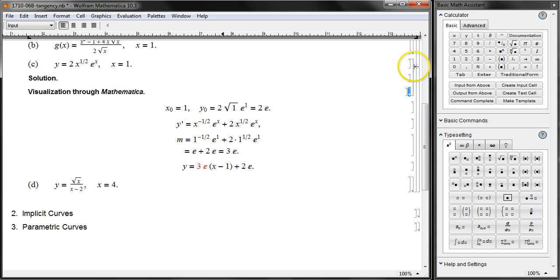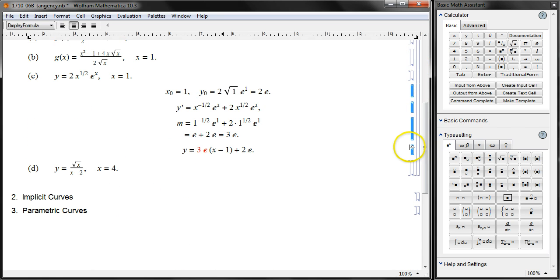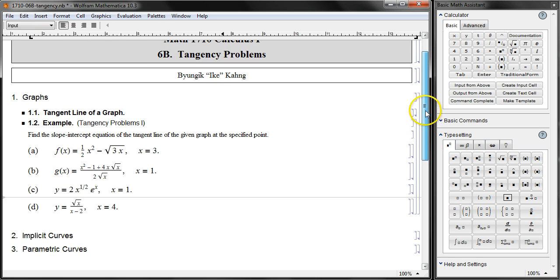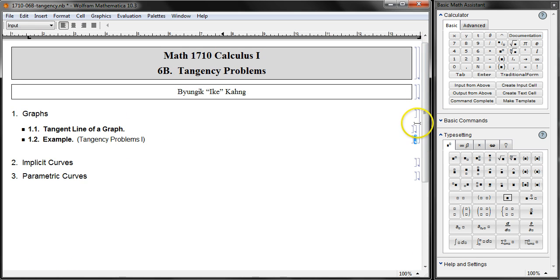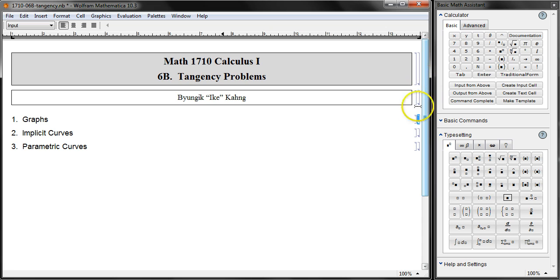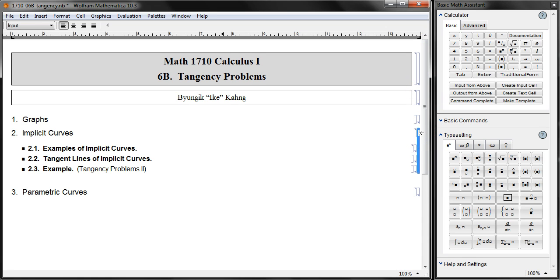So this completes a brief review on the tangency problem for graphs. Next, implicit curves.